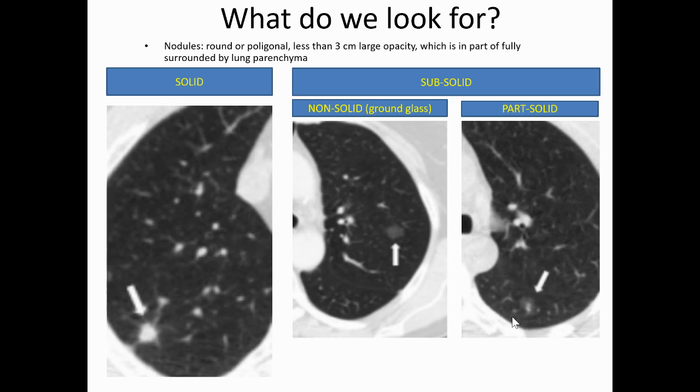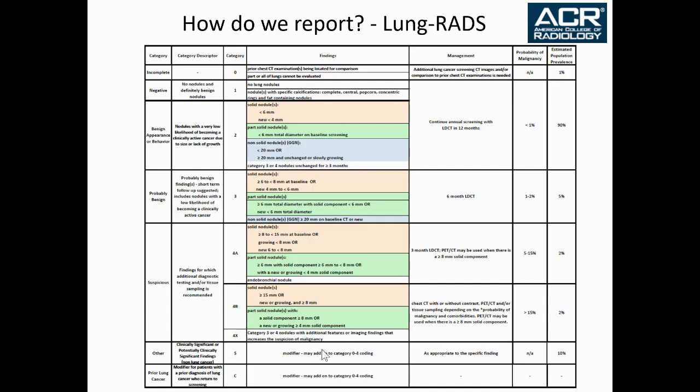So the worst guy is the part solid, the bad guy is the ground glass nodule, and the guy who is less likely to be malignant is actually the solid nodule, even though the solid nodule that I'm showing you is spiculated and is actually a cancer.